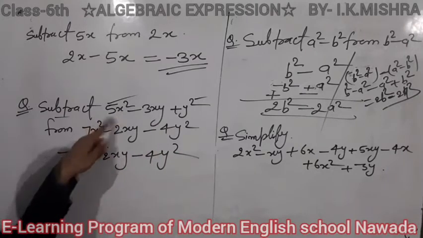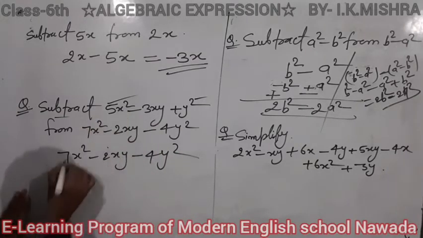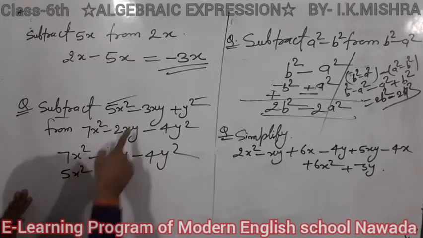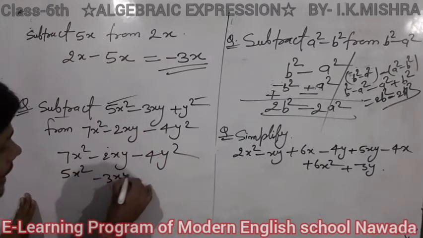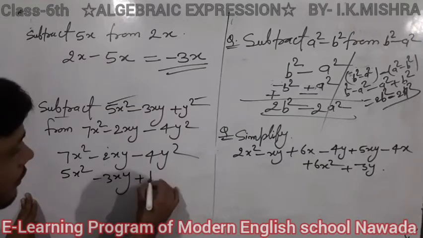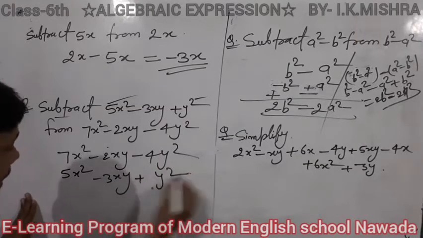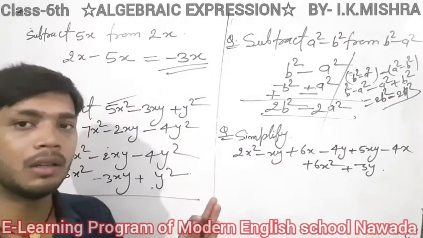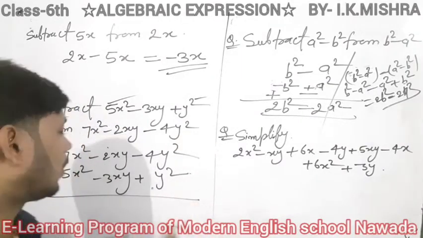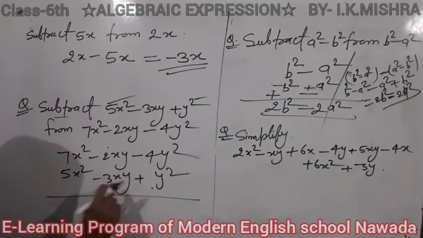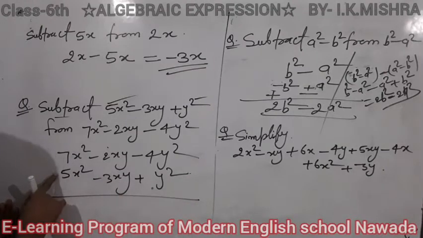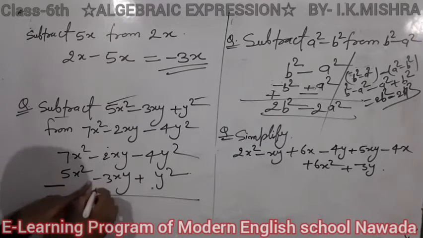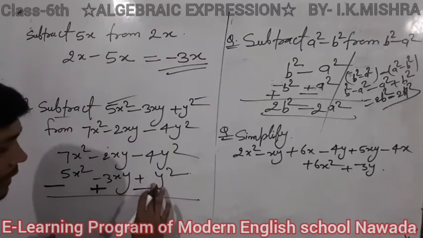Here x square and here x square, so write first 5x square. Here minus 3xy and here plus y square. And students, you have to subtract. Then in subtraction, change the sign of the below written expression. Here these have plus sign, so it will be minus. Here minus sign, that means it will be plus, and here minus sign, it will be minus.